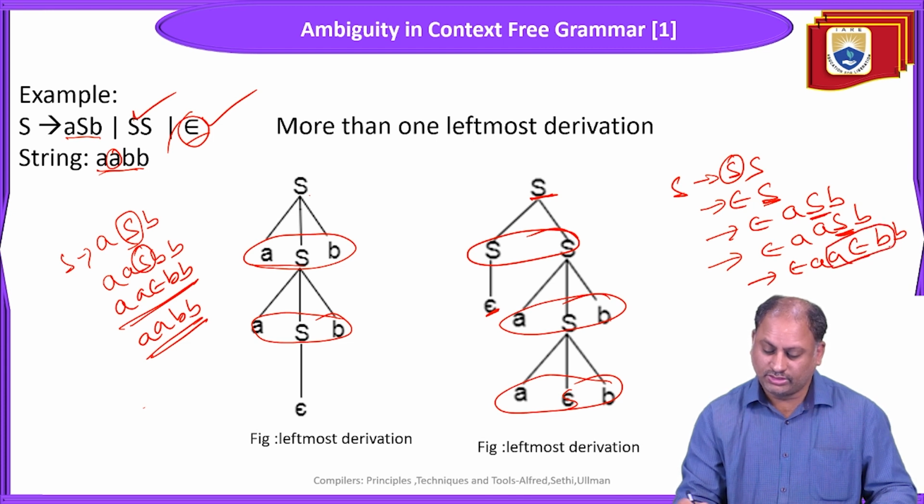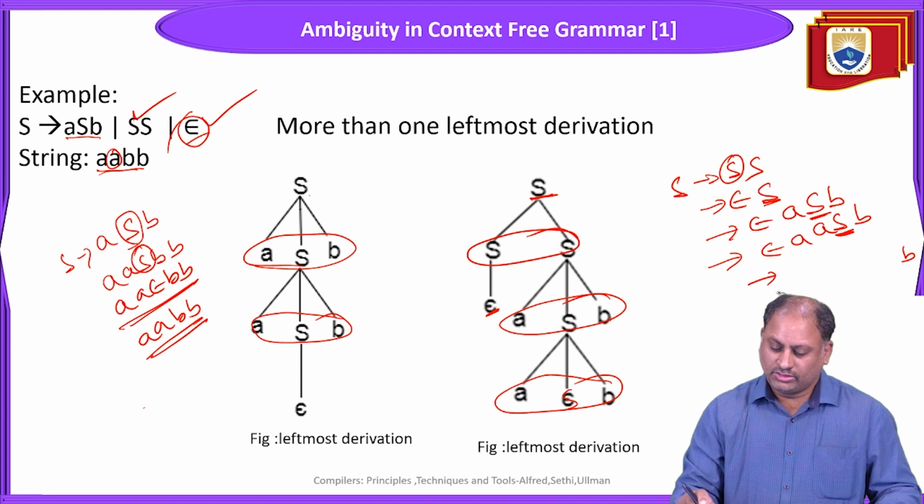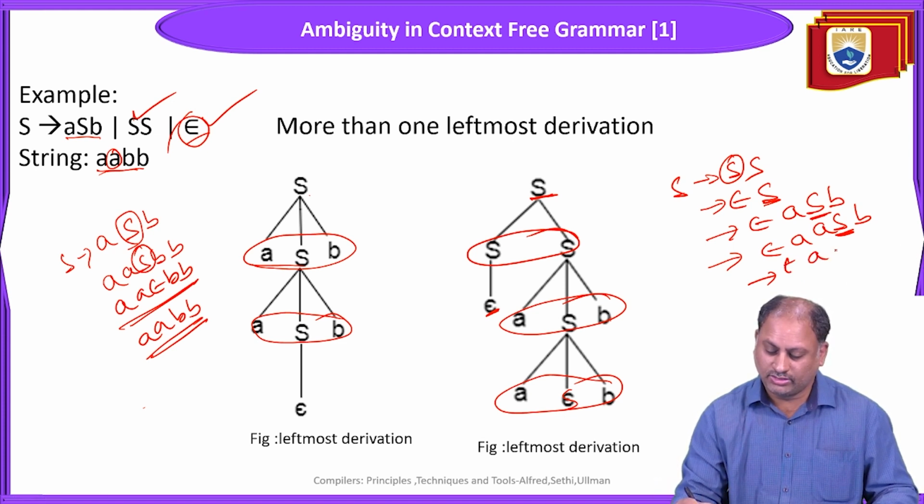This is the portion in which S derives ASB. In the second part, A, S derives epsilon B, so that is S derives epsilon. So in this case, we are going to write S derives small a, capital S, B. So this portion.